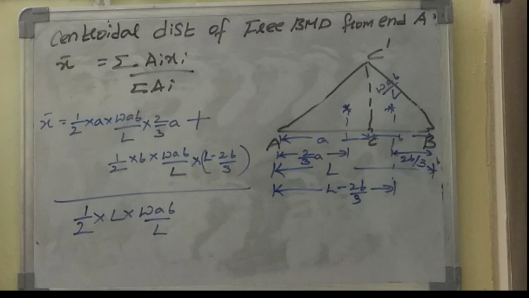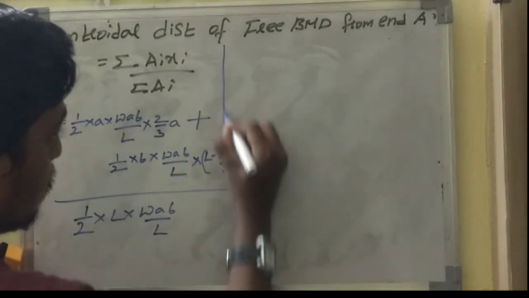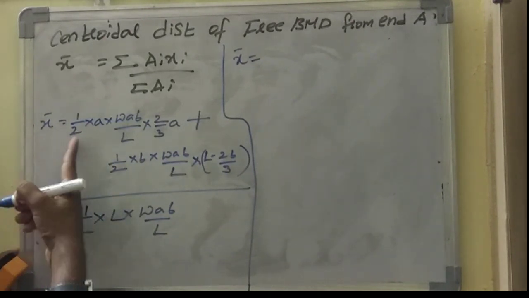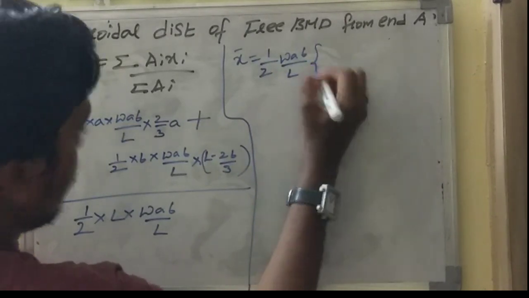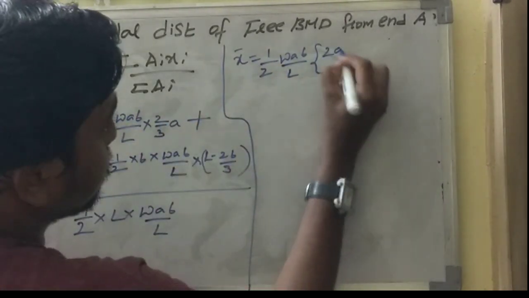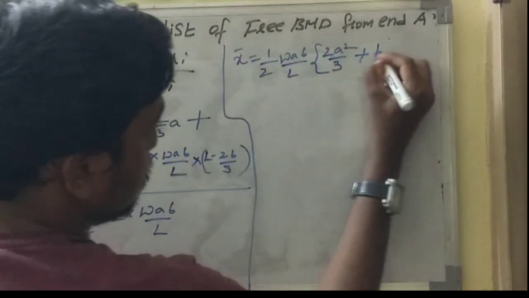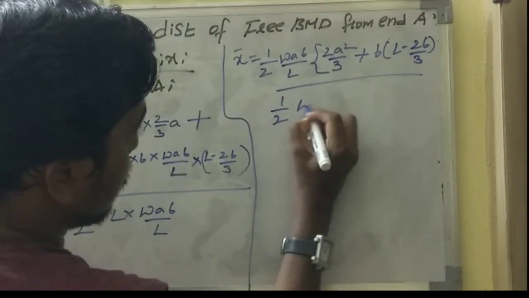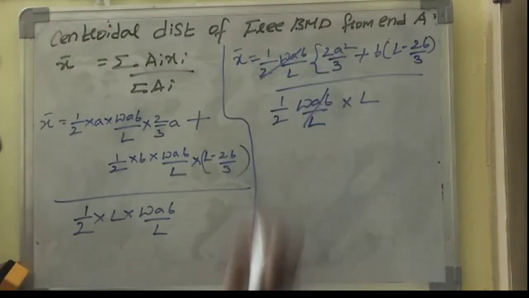So if you simplify this one, you will get x bar equal to, taking common outside, half WAB by L, 2A square by 3 plus B into L, L minus 2B by 3, by half WAB by L into L. I am cancelling these values.